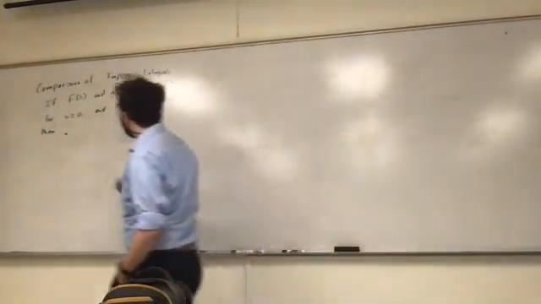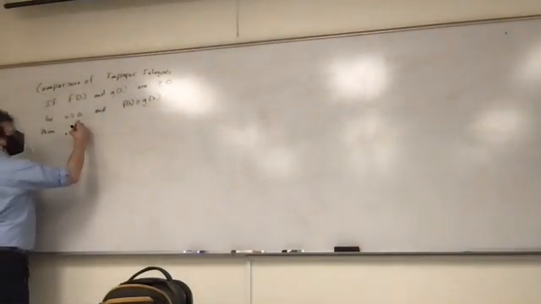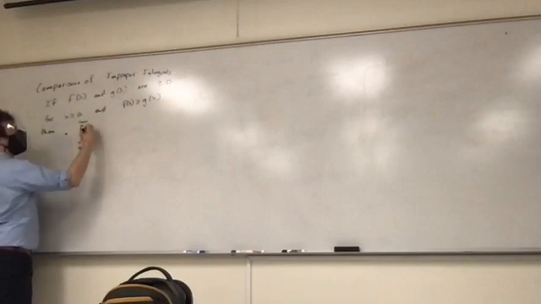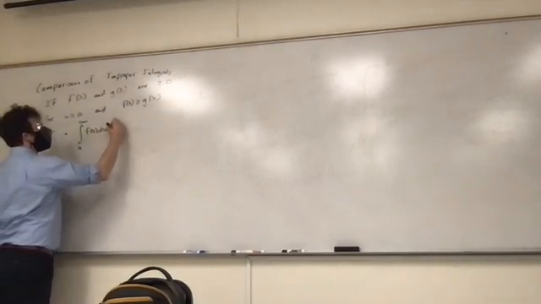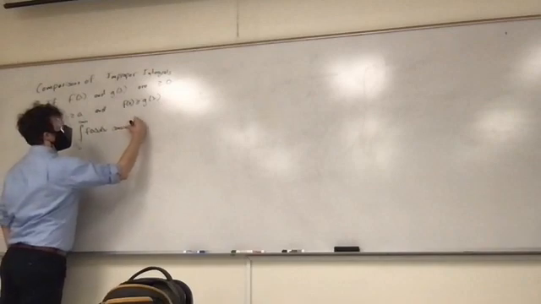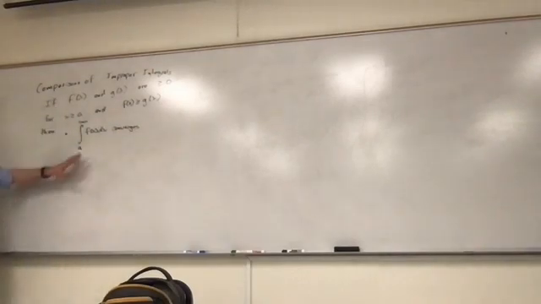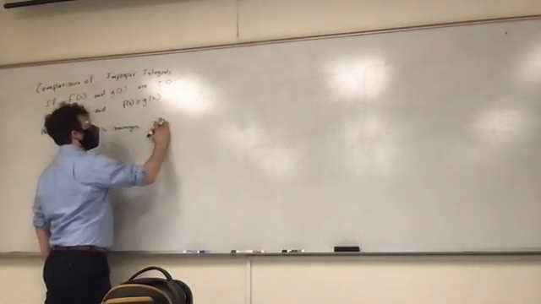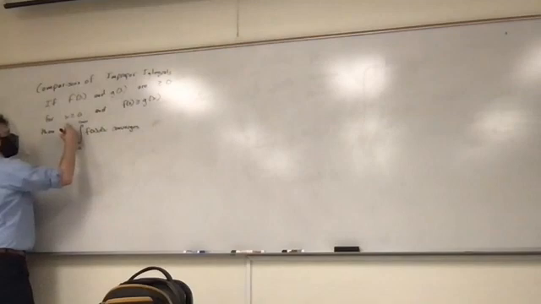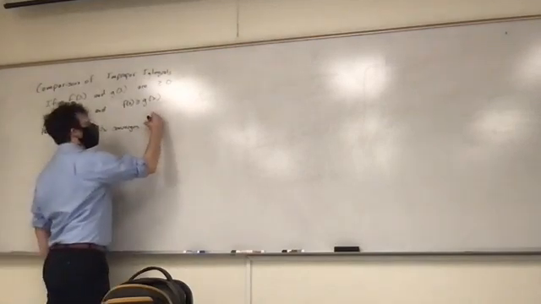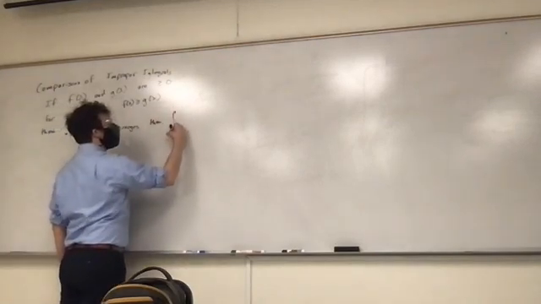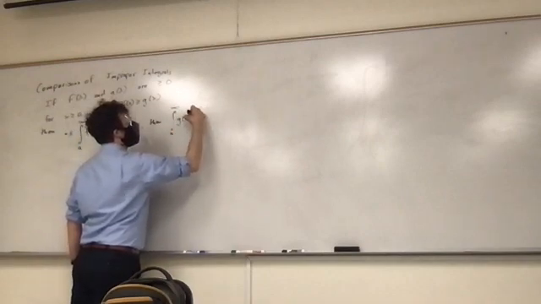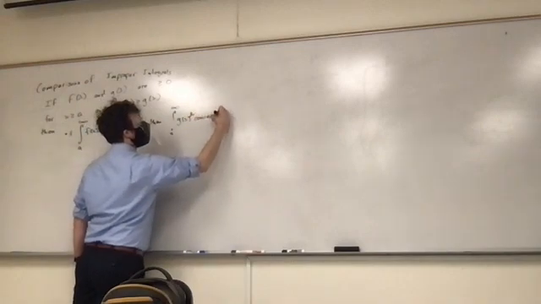Then the first part is that if the integral from a to infinity of f(x) converges, so this is saying if the bigger thing converges, then the smaller thing converges.